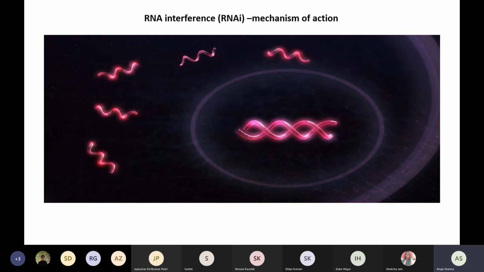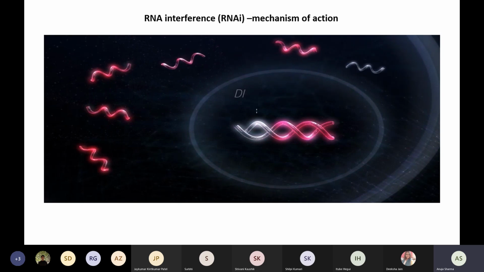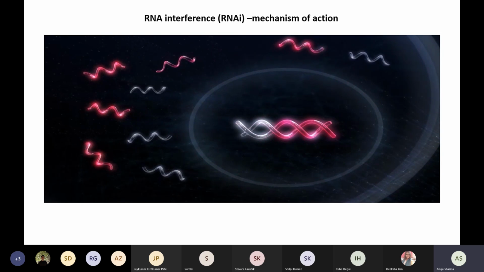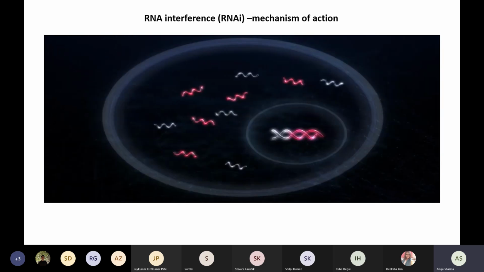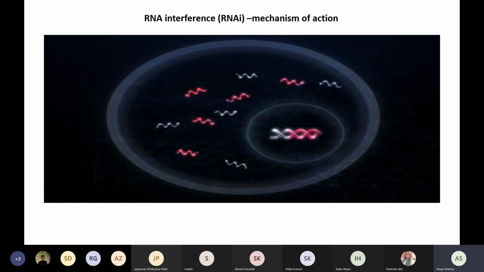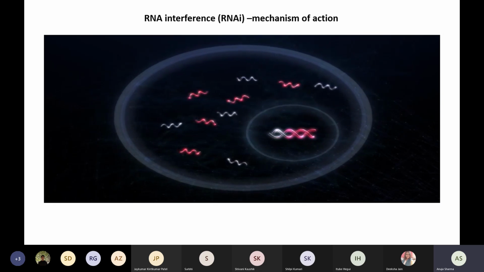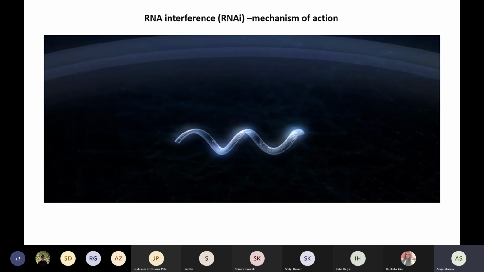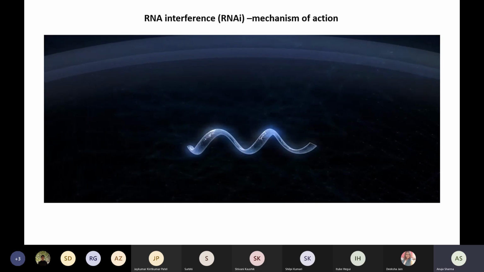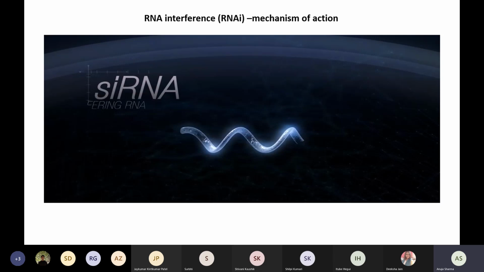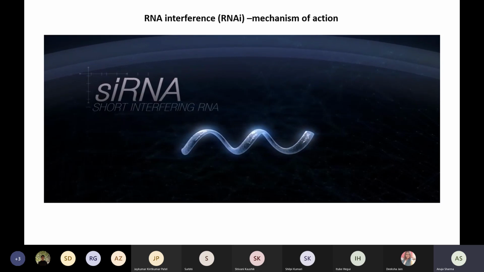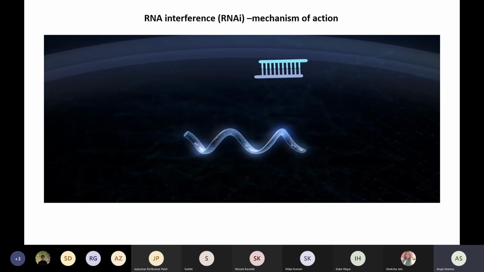In disease, sometimes there are rogue genes which are turned on inside cells, and they make mRNA that produces proteins that shouldn't be there. These proteins cause the cells to malfunction. One approach to treating the diseased cells is to turn off or silence the disease-causing gene by targeting its mRNA. This is generally done using short interfering RNA, or siRNA.